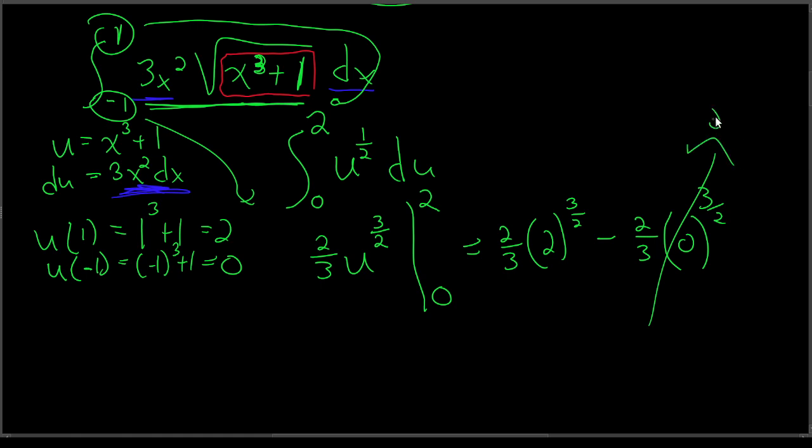Well, that goes to 0, so I can focus on this. So 2 cubed is 8, and the square root of 8 is 2 root 2, over 3 times 2, or 4 root 2 over 3.